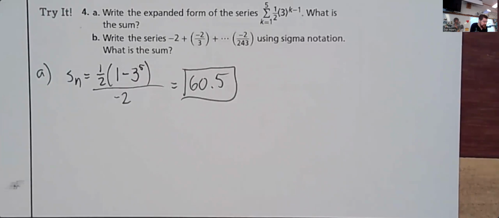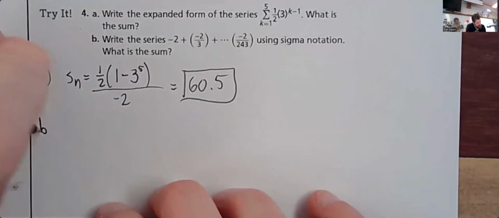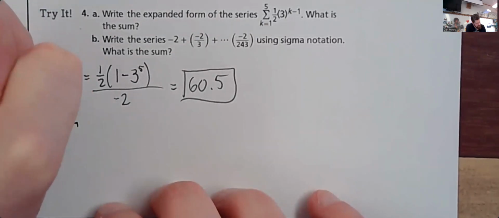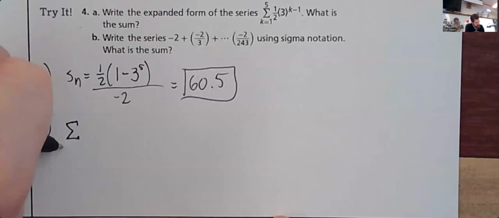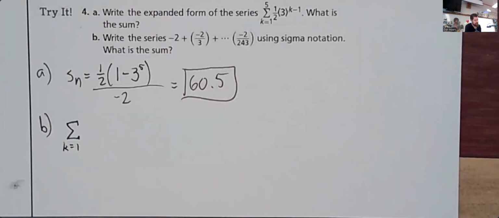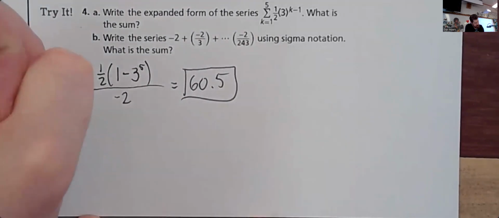what do you think we need to do for B? We're going to write this in sigma notation and then figure out the sum. So for B, let's go ahead and get that going. Now we're going to start with the first term, so k equals 1. And then what's our first term? -2, okay.